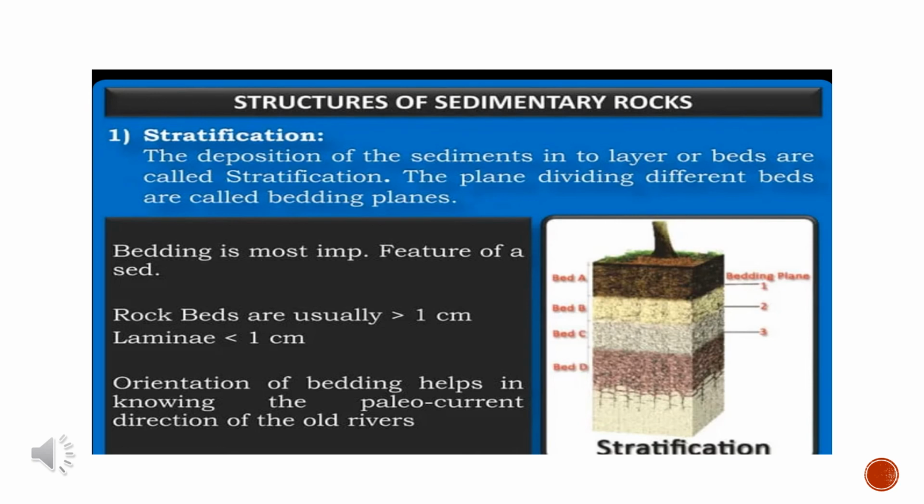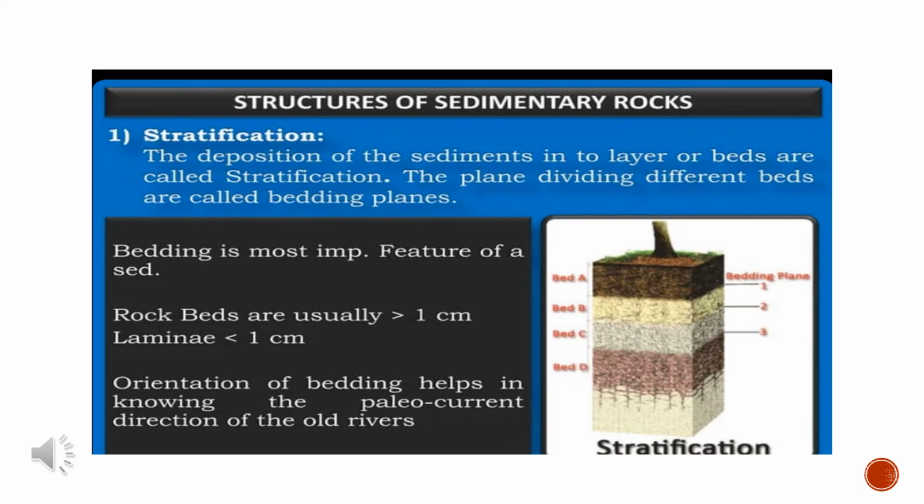Structures of sedimentary rocks. First, stratification. The deposition of the sediments into layers or beds is called stratification. The planes dividing different beds are called bedding planes. Bedding is the most important feature of a sedimentary rock. Beds are usually greater than 1 centimeter, laminae less than 1 centimeter.